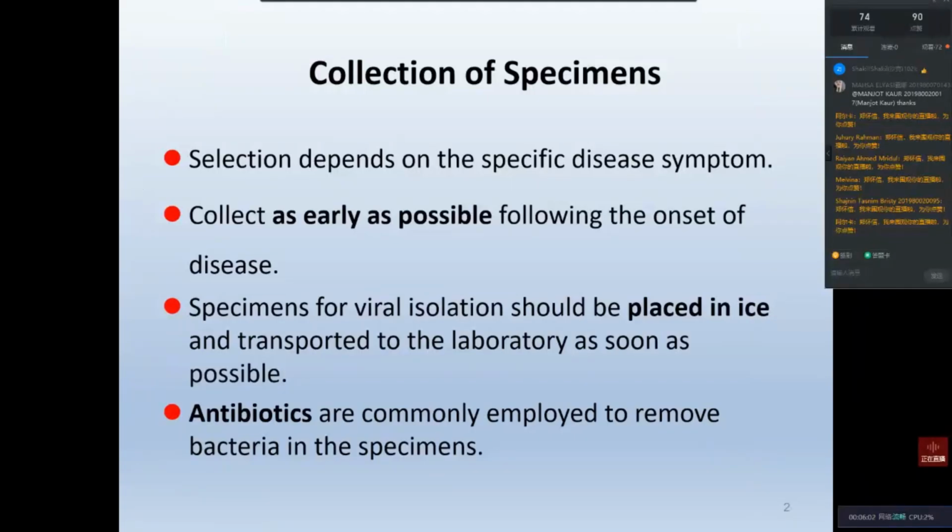Then we want to examine the virus. You can use microscopy and staining to visualize the viral particle. We mentioned that viral particles are so small, you cannot use a light microscope to see a single virus. You need to use an electron microscope to see the morphology of virus.